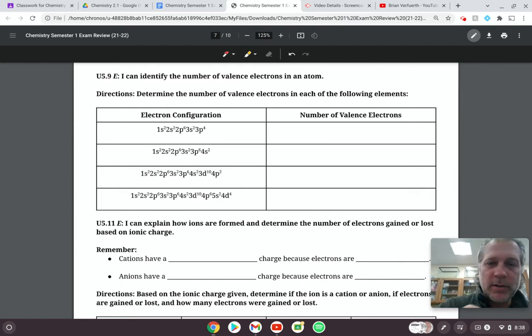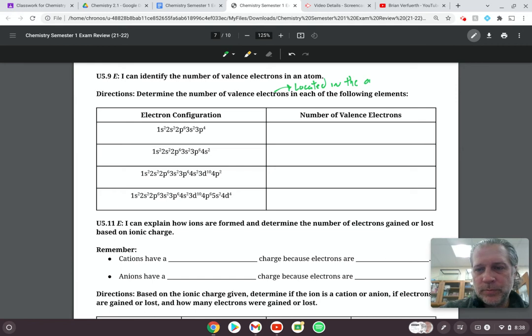So some things to think about here is that the number of valence electrons are located in the outermost energy level of an atom.